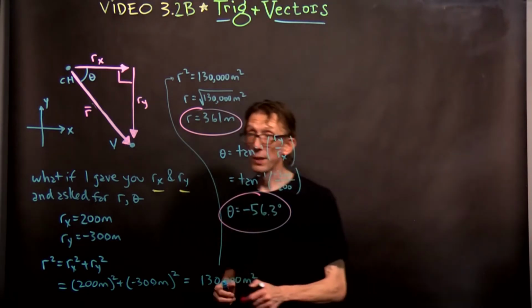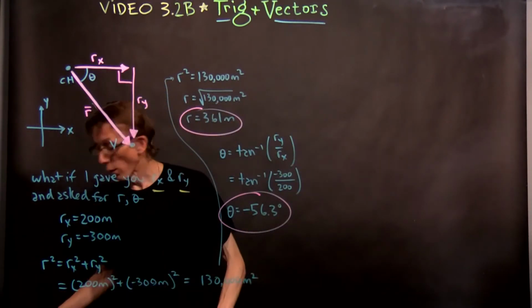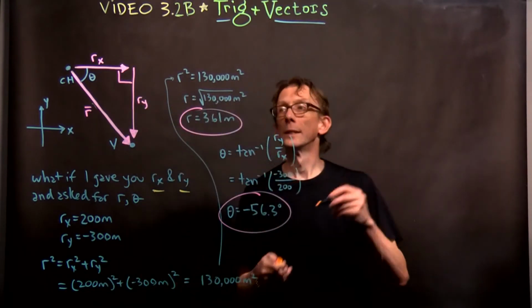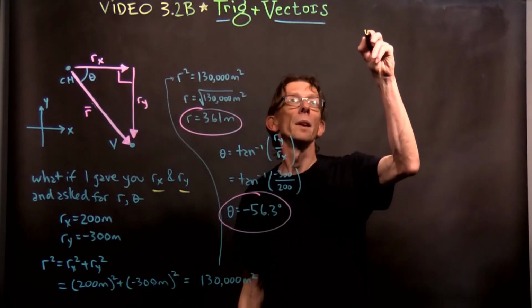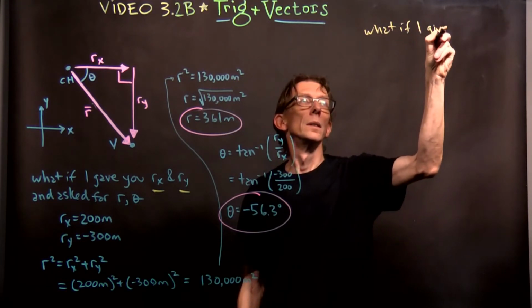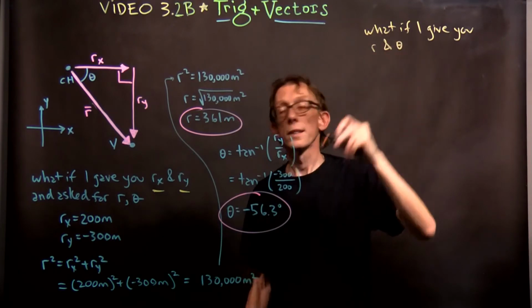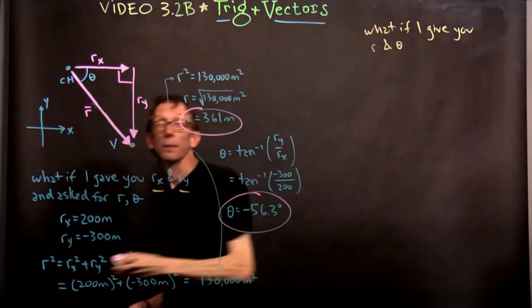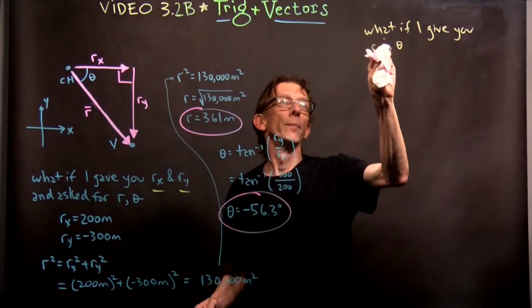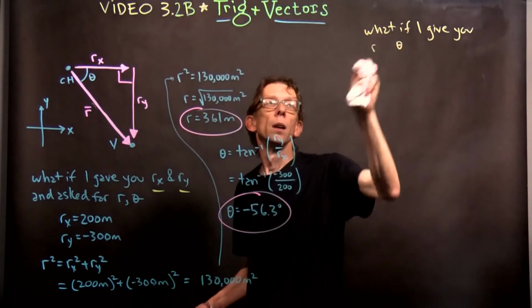So that's what happens if I give you Rx and Ry and ask for R and theta. But what if I give you R and theta? Let's do the other question. R and theta, that is the magnitude of the displacement, 361 meters, and theta.